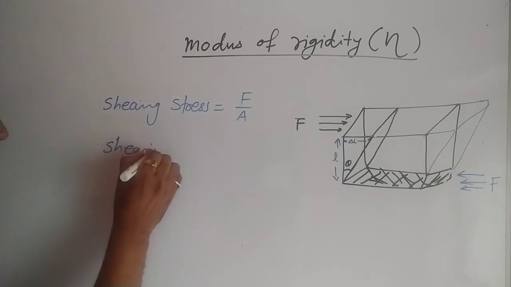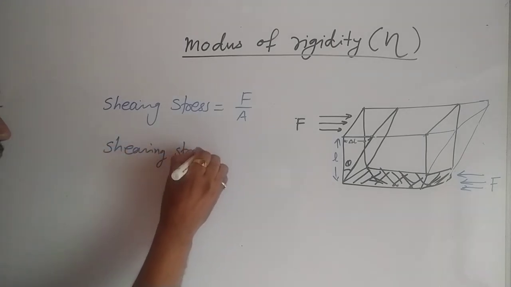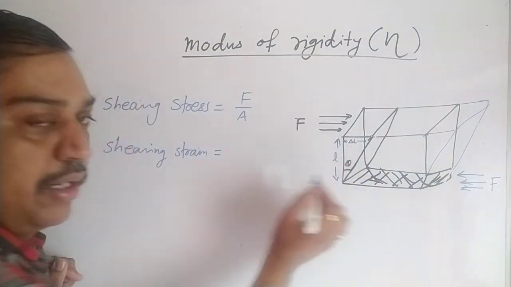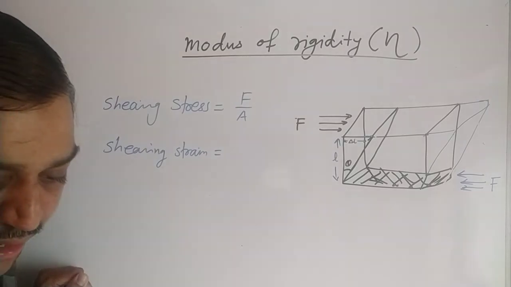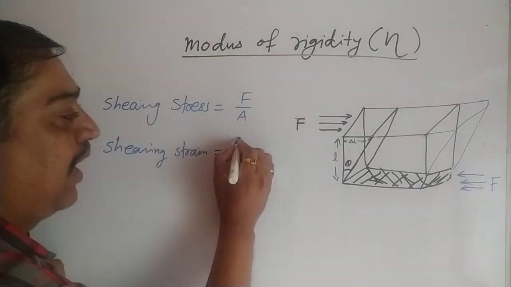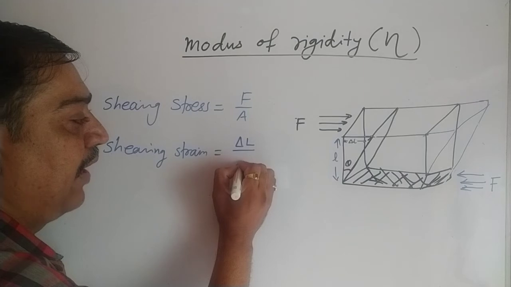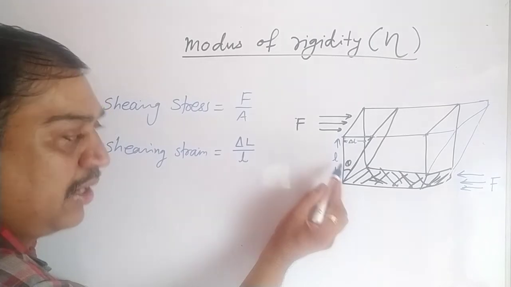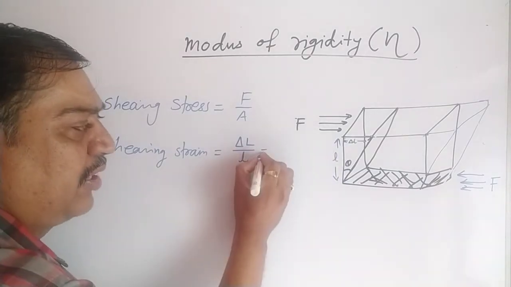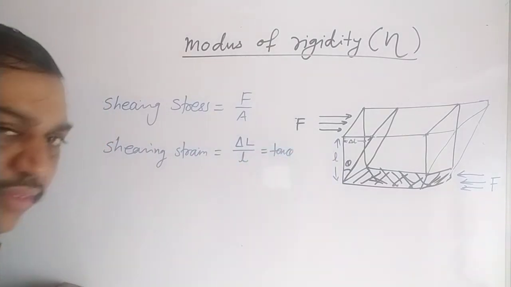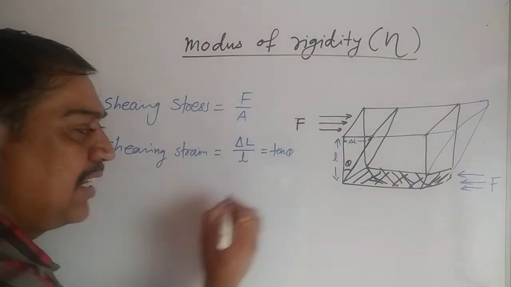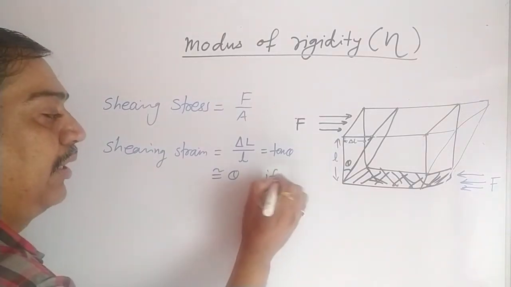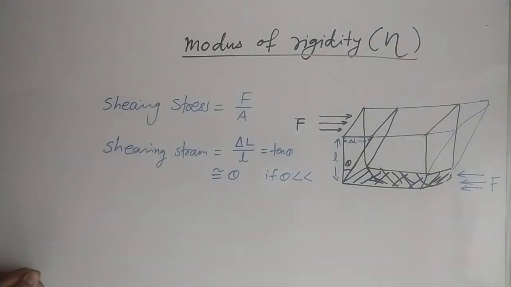It is the lateral displacement of the layer, delta L, divided by the original length of the layer, that is L. So you can write this as delta L divided by L. If we take tan of theta, the opposite side is delta L divided by the adjacent side, L. So this is equal to tan theta. And if theta is very small, this is nearly equal to theta.